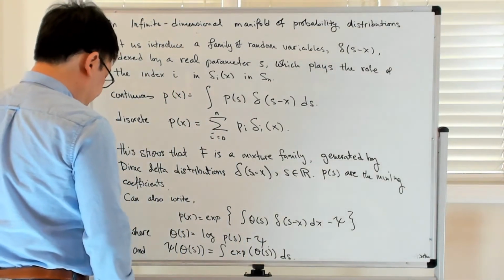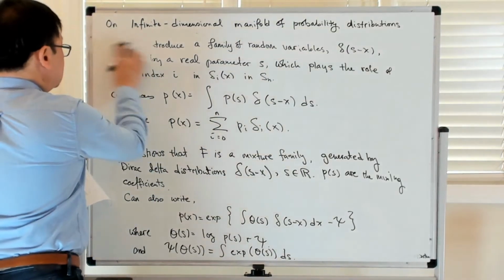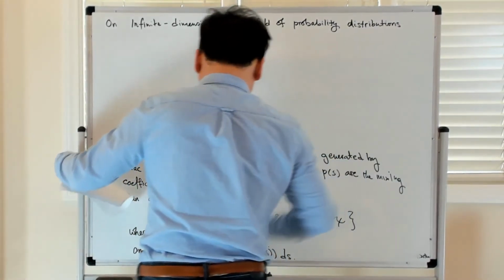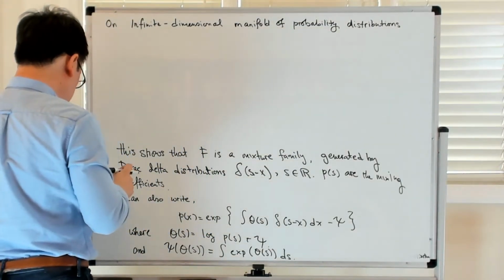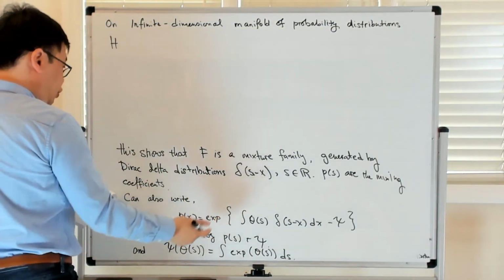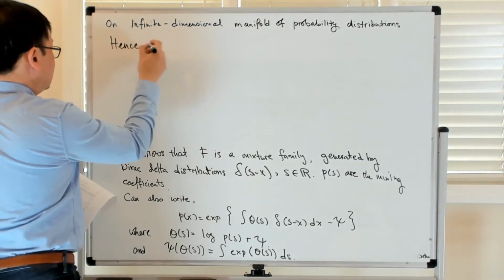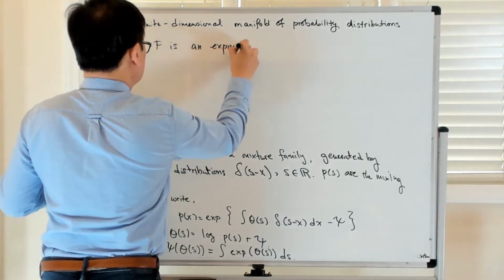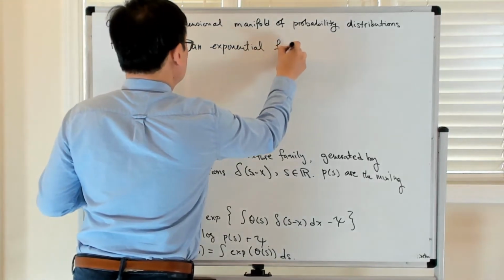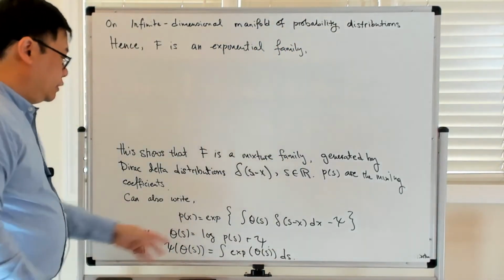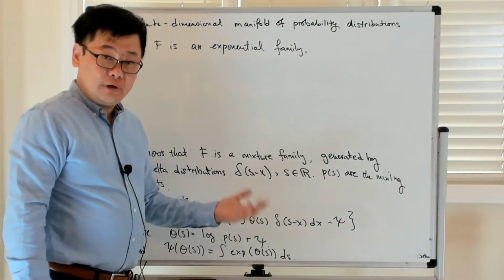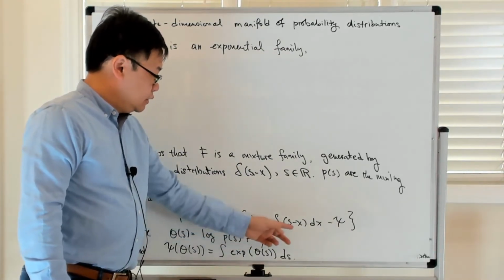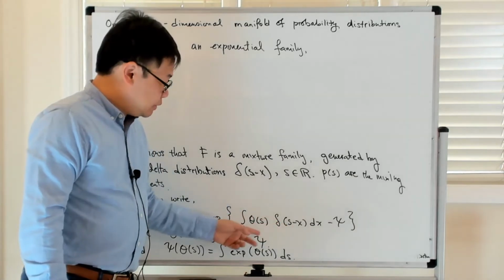All right. Okay, so now let's see what happens. With that identification, we have that F is also an exponential family, where the dot product we saw in the definition of the exponential family is generalized to this kind of function space inner product, if you will.